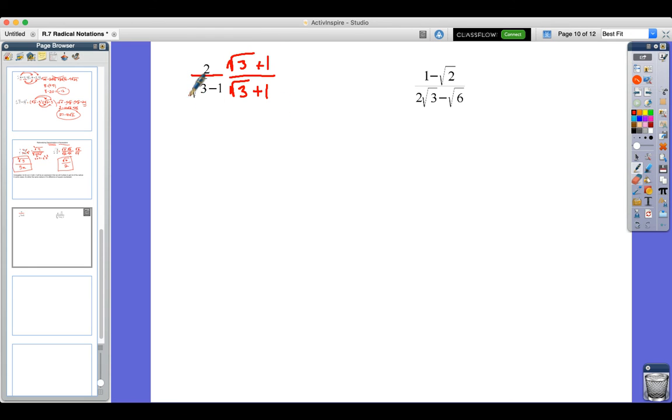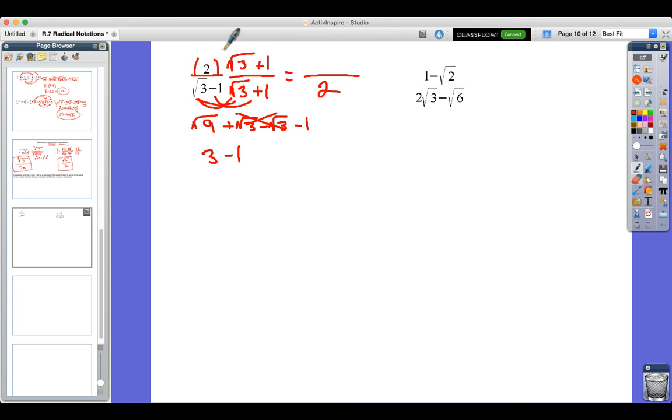So here, you still distribute radical 3 and radical 3. We get radical 9. Radical 3 and 1 is positive radical 3, but then you do negative 1 times radical 3, you get negative radical 3. And of course, the negative 1 times the positive 1 is a negative 1. These cancel each other out. Square root of 9 is 3. You're left with 3 minus 1, or just the denominator 2. Here you still distribute.